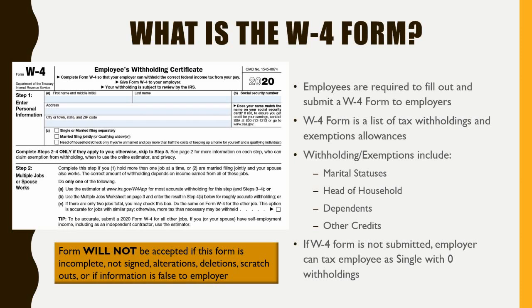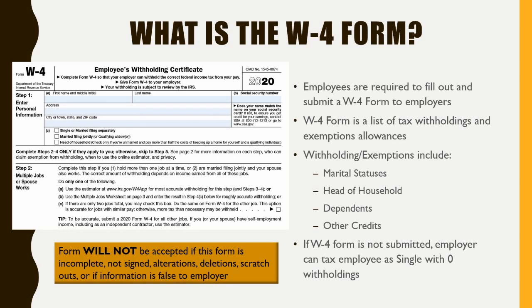Now, the employer must collect a W-4 form from each employee. Failure to collect that, or failure to even submit one if you're the employee, means you will be taxed at the highest bracket with the lowest withholdings.